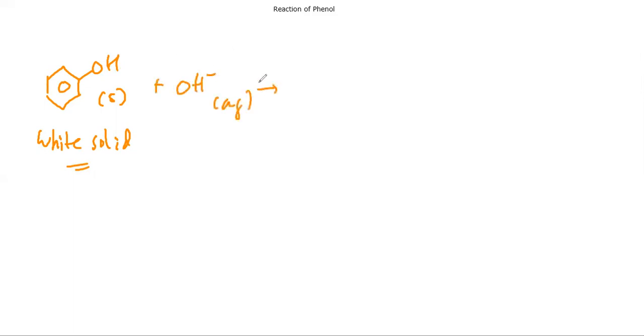So for example, if we add phenol, which reacts with alcohol, it will give you this reaction. Actually this is an equilibrium, going there and going there.